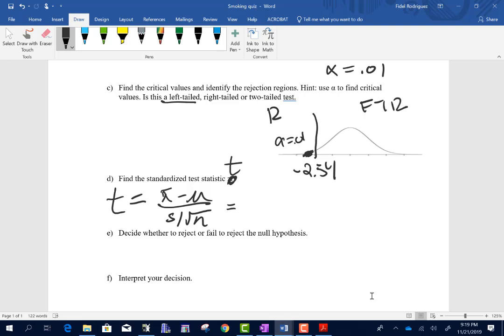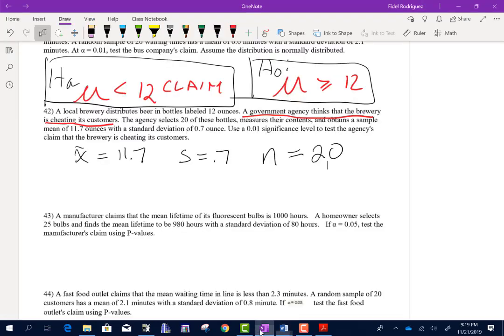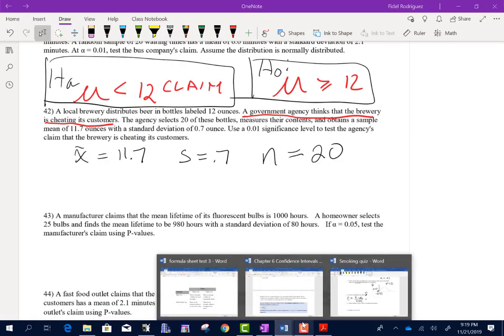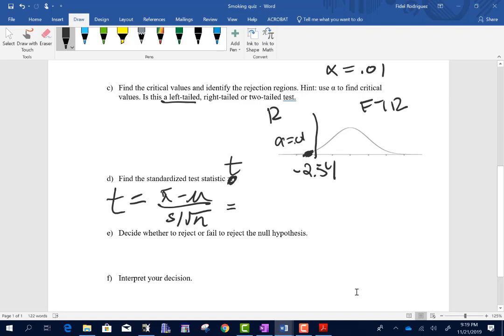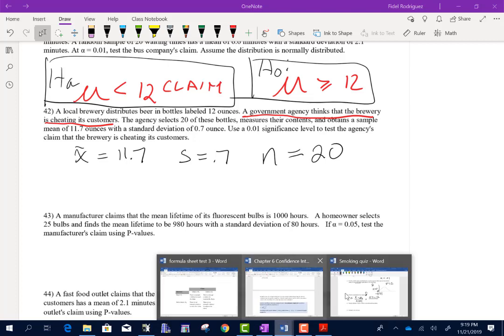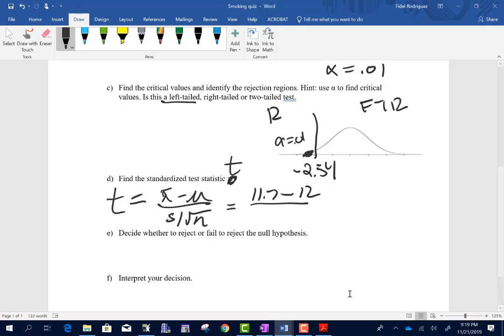All right, so what was our x bar in this problem anyway? Was it 11 point something or another? 11.7, right? So we'll come back over here, 11.7 minus the mu was 12. My s in this case, was it 0.7? 0.7, good. 0.7 divided by the square root of 20.